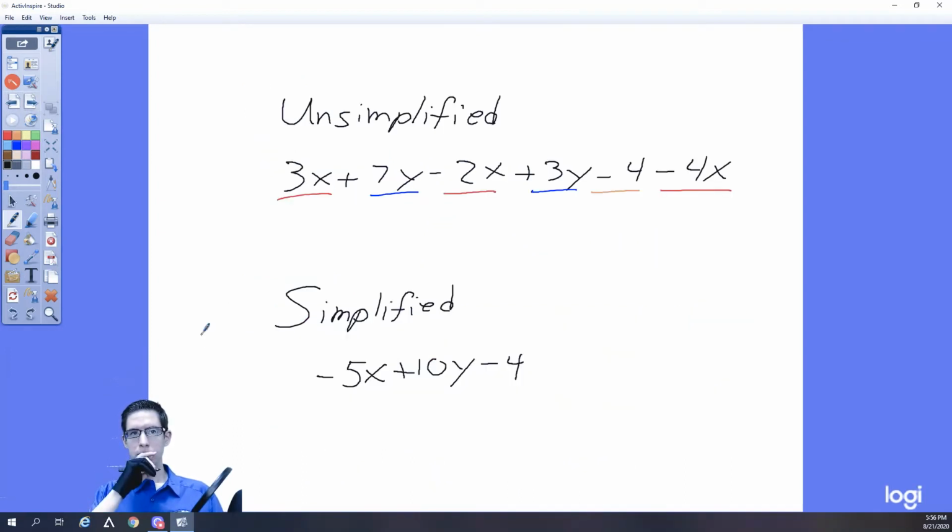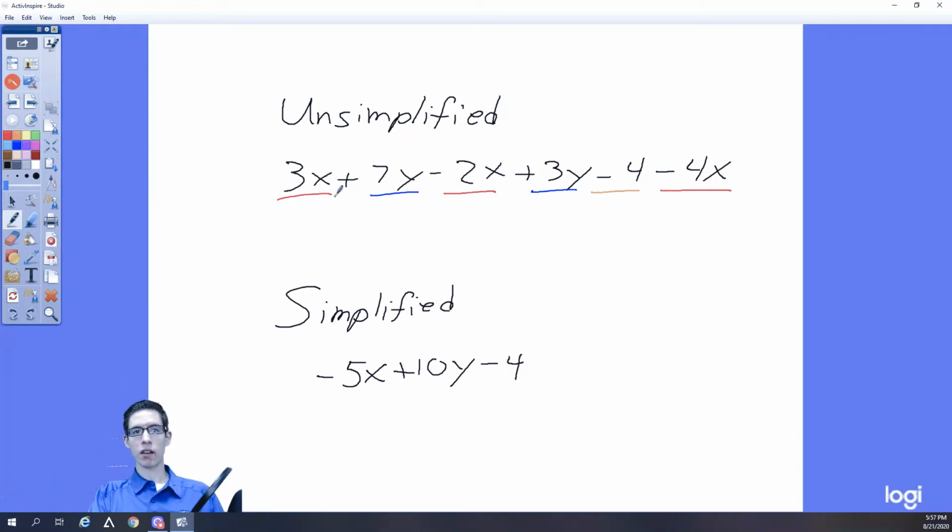Now I've got this first expression, that's 3x plus 7y minus 2x plus 3y minus 4 plus 4x. How many terms do you think are in this expression? If you said 6, you got it right. There's 6 different terms in this expression, at least as I have it started here.